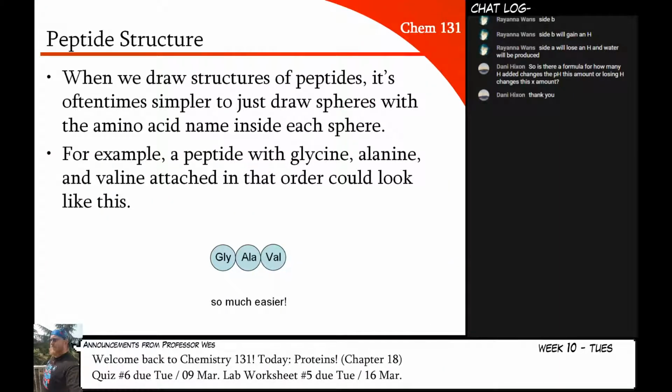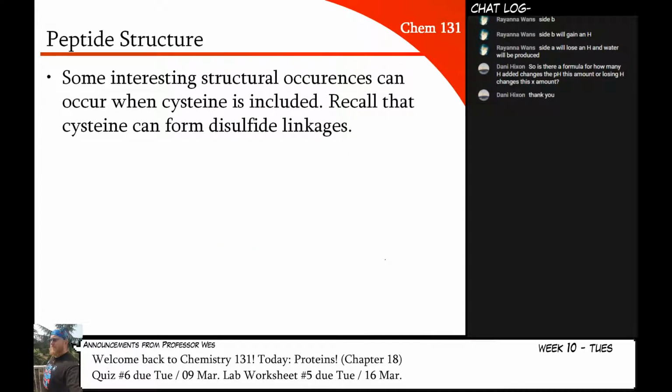And when biologists are writing textbooks and want to just type in a sentence for common pairs of proteins that just repeat over and over, they just type that. Now, when I have chains that include cysteine, remember that cysteine can make a disulfide linkage.